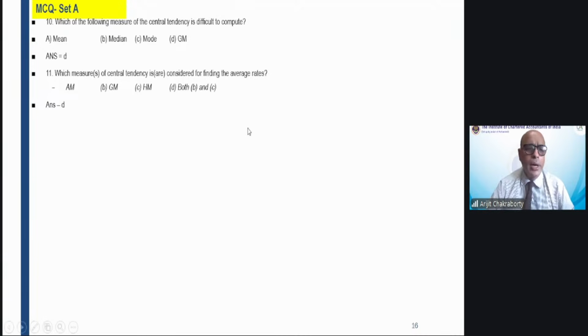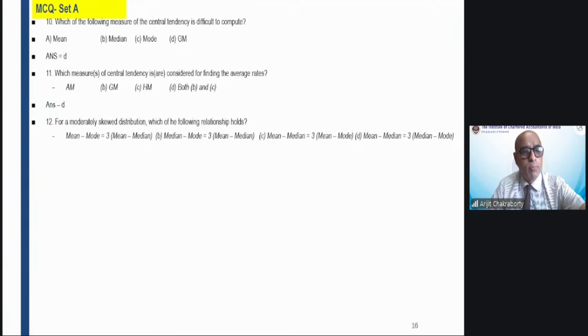Average rate, it is both GM and HM. We have already discussed the rationale and the circumstances why GM and HM are both equally prominent measures, useful tools for finding the average rate. So here we will go for both GM and HM, which means option D.